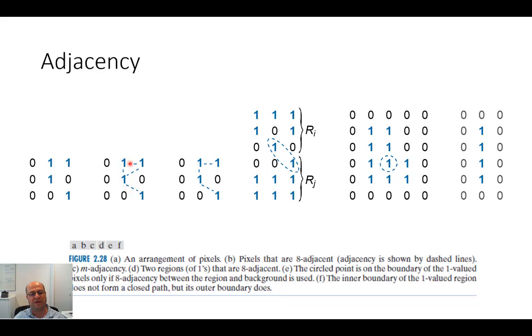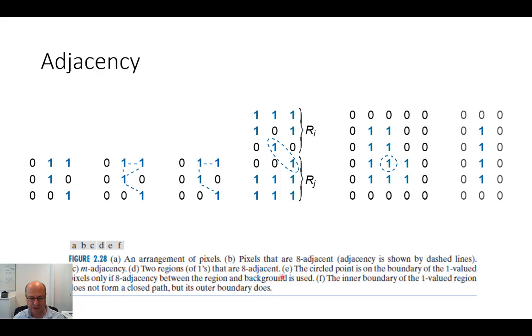Is there a pixel with the same value on the top, the nearest vertical pixel? Yes, so that's adjacent. Is there one with the same value down? No, so there's no adjacency here. Is there a pixel on the diagonal? Yes, so that's adjacent, and that's adjacent, and that's adjacent.